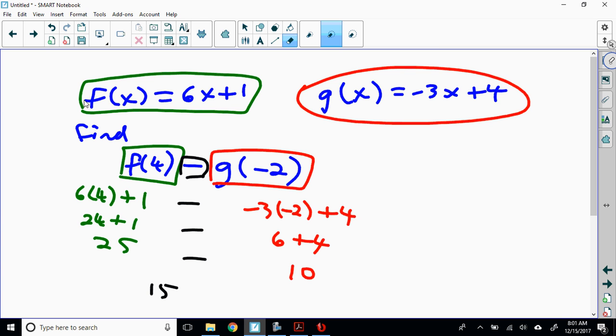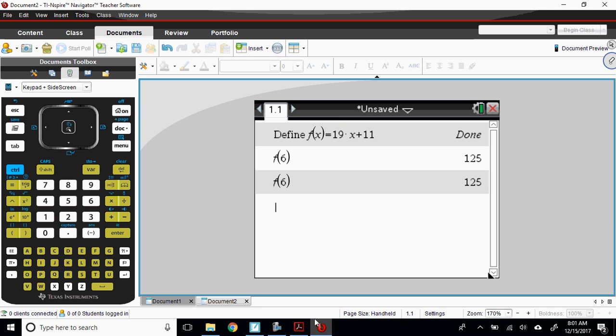Okay. And again, the calculator can and will do something like that for you if you just define both of those functions. So if I type into the calculator define f of x as 6x plus 1, and I type in define g of x as negative 3x plus 4.